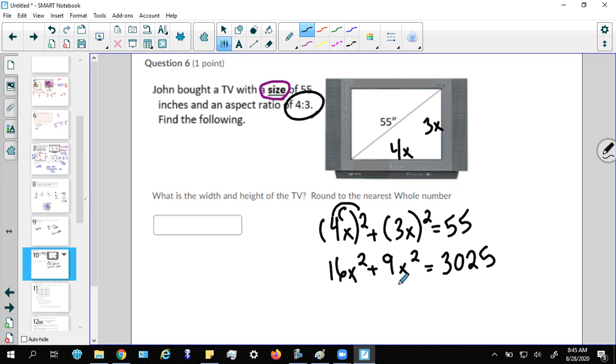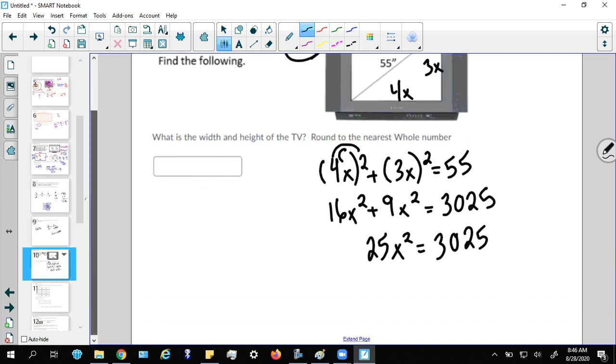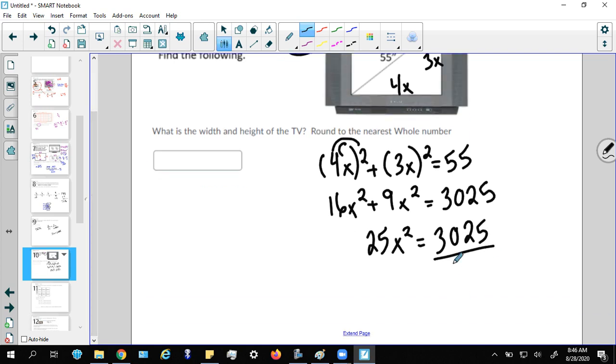Then I combine like terms and I get 25x squared is equal to 3025. I divide by 25 and I get x squared is equal to 121, which when I square root both sides, I get x is equal to 11.